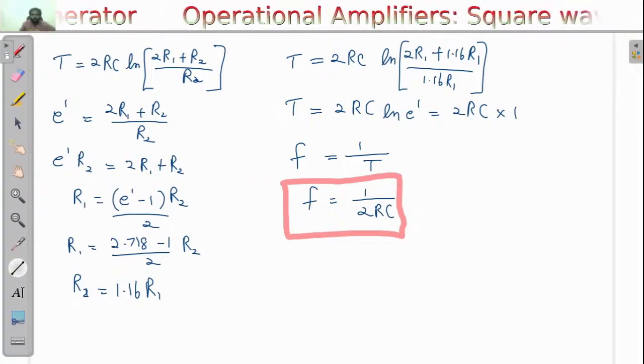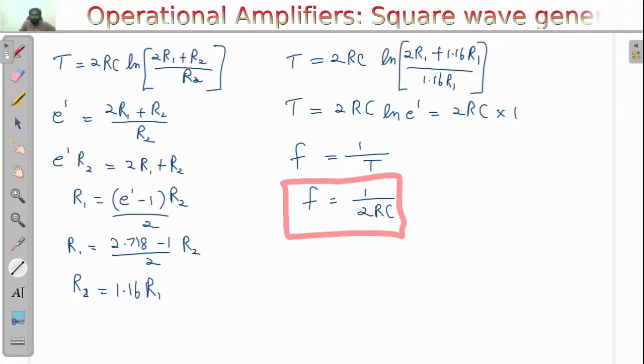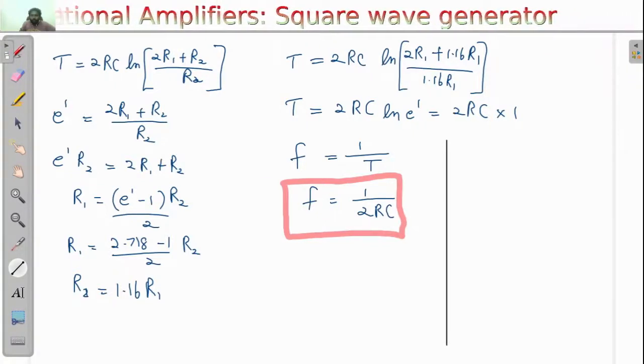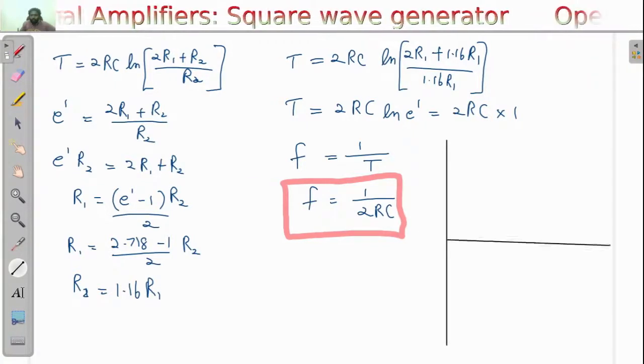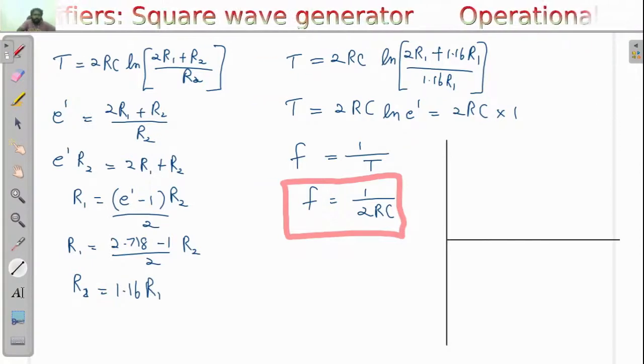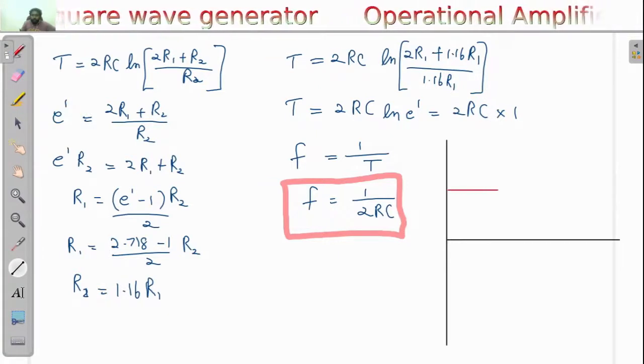One thing we need to understand in this is the voltage waveforms of the output as well as the capacitor. So I am going to plot the output waveform as well as the capacitor's waveform as an overlay. I'll be plotting the output waveform like this. This red colored waveform is your output waveform.